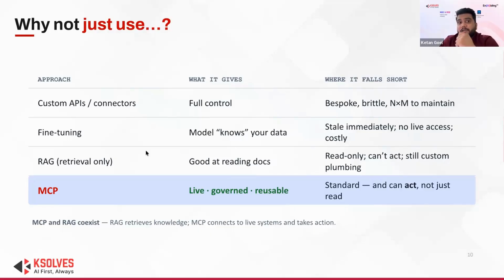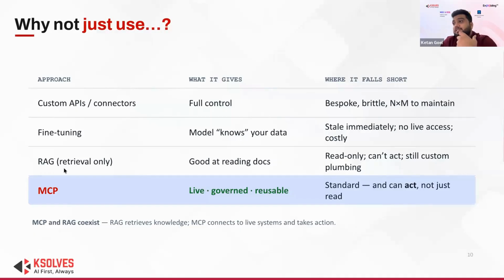Or maybe another thing you can think of is fine tuning the model. Let's say today you are fine tuning a model with the data you have till date. But once the fine tuning is done, your model is still static. That means you don't have access to the live data, so fine tuning will not work.